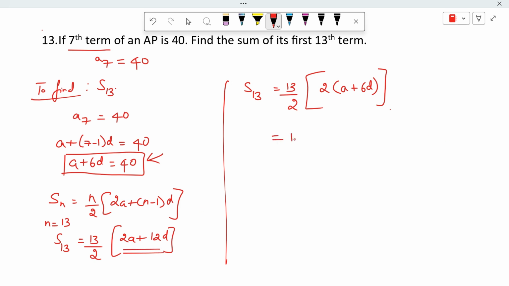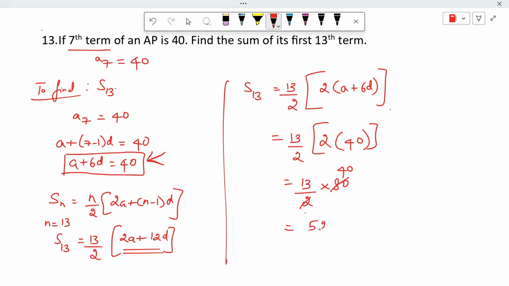So instead of a plus 6d, I know the value is 40 from the relation given. So 2 times 40, so I can cancel 80 by 2, which is 40, times 13. So the answer is going to be 520. So S13 is 520. So without having the value of a and d, still I am able to find it out from the given term A7 is equal to 40.